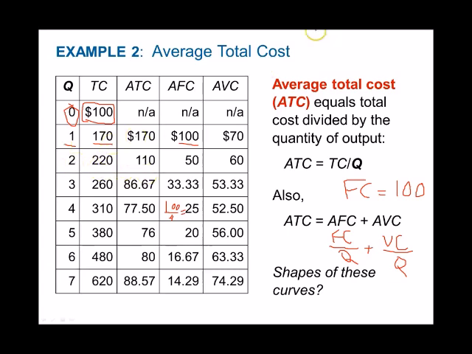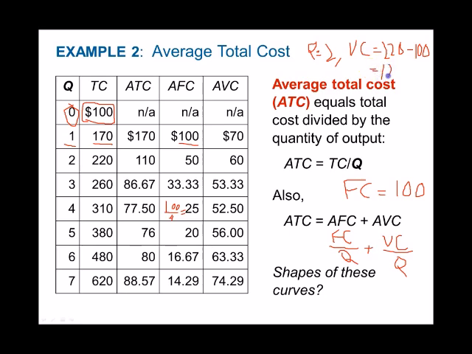So when quantity is 2, my variable cost is total cost, 220, minus total fixed cost, which is 100, which comes out to 120.